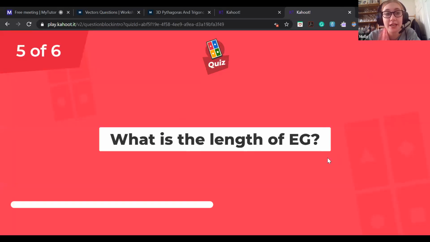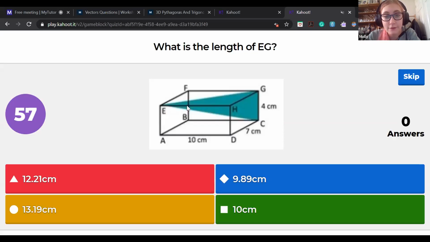Okay, now we're switching for the last 2 to some 3D trig questions. And we want to know what the length of EG is. So you've got a minute for this because it'll take a bit longer.